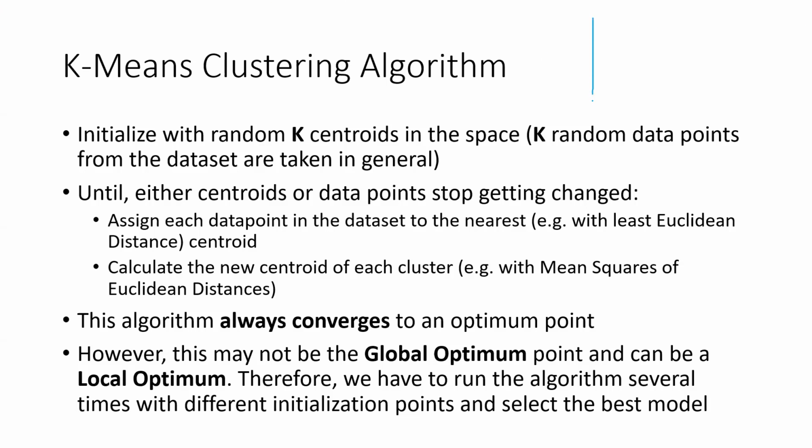For example, suppose this is the centroid of this cluster and this is the centroid of this cluster. The partitions will be like this. This is the first partition, this is the second partition. So these data points belong to this centroid.